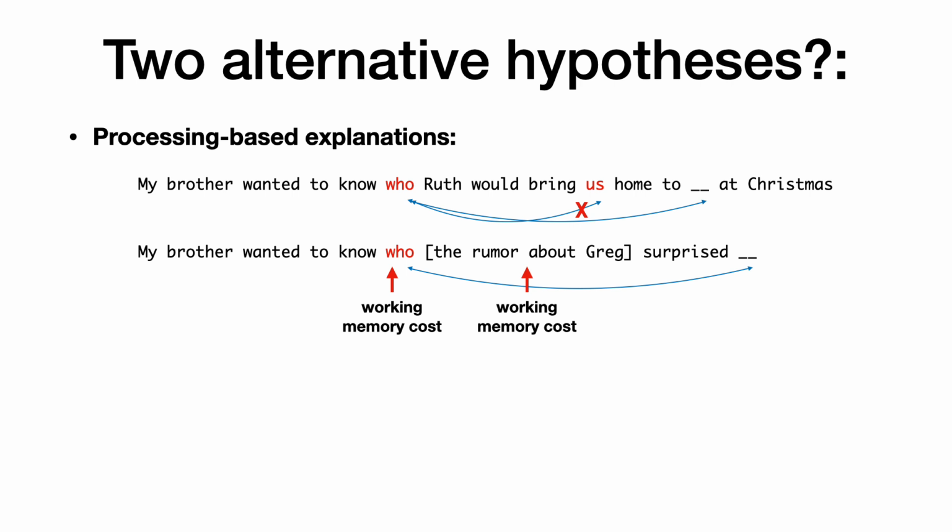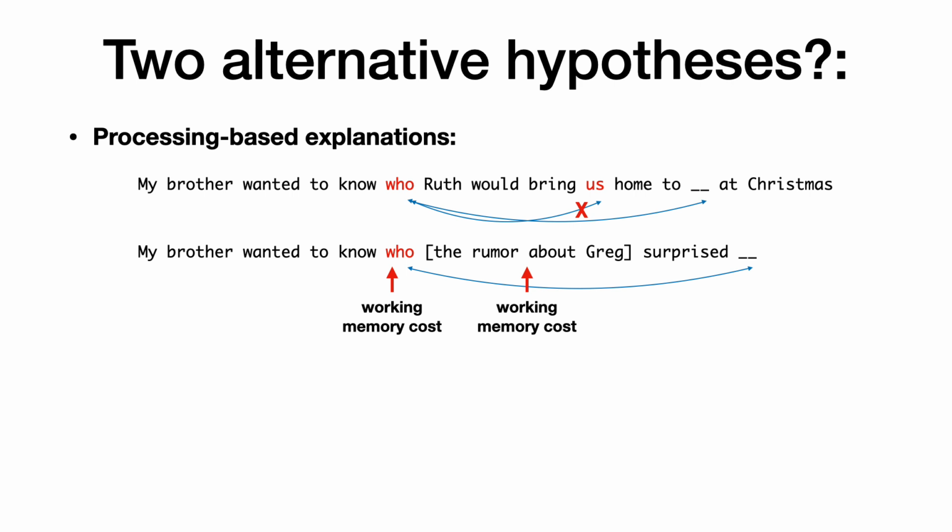We've already talked about processing of filler gap dependencies before, and one of the things that we said is people really, really want to try to relate a filler with a gap as soon as possible. So we saw when people read a sentence like, my brother wanted to know who Ruth would bring us home to at Christmas, people really want that who to be the object of the verb bring. And then when we see that word us, we realize we made a mistake, and then we have to reanalyze the sentence. We have to kind of start over, right?